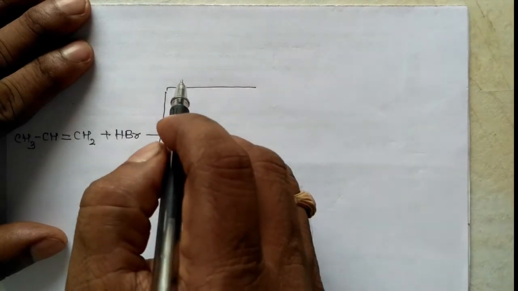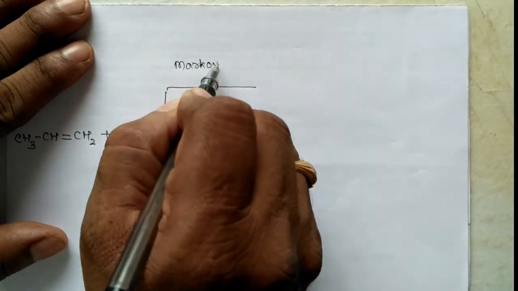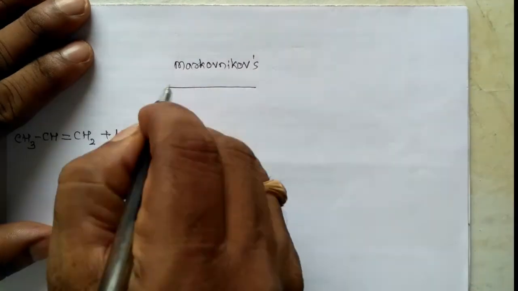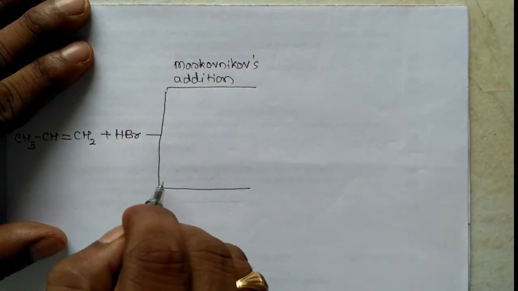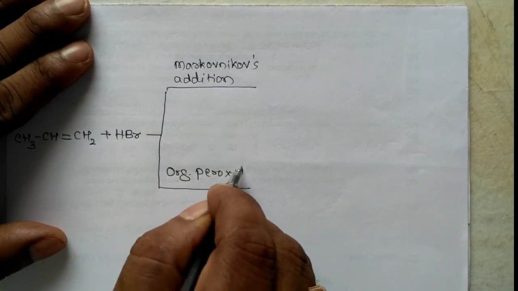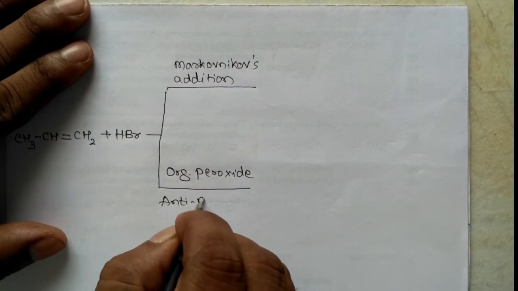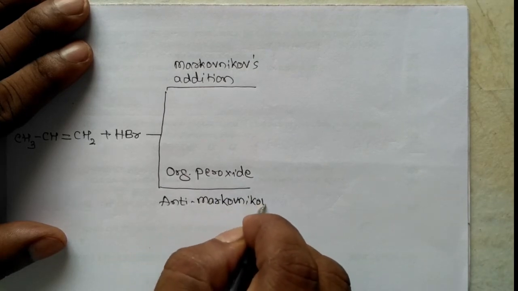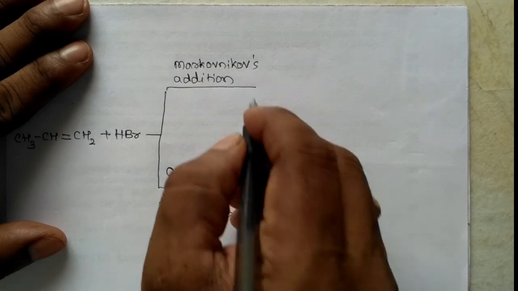First I will write Markovnikov addition, and in the presence of organic peroxide, this is anti-Markovnikov addition.